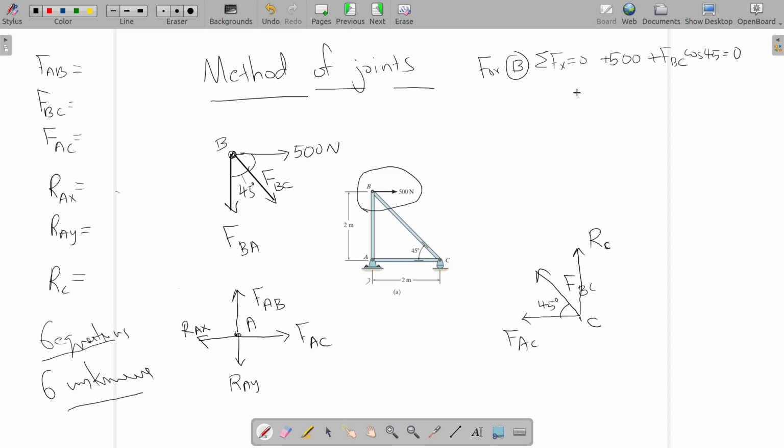Now net force in y direction should be 0. What are the forces in y direction? FBA is there. Is it positive or negative? That is negative because it is acting downwards.